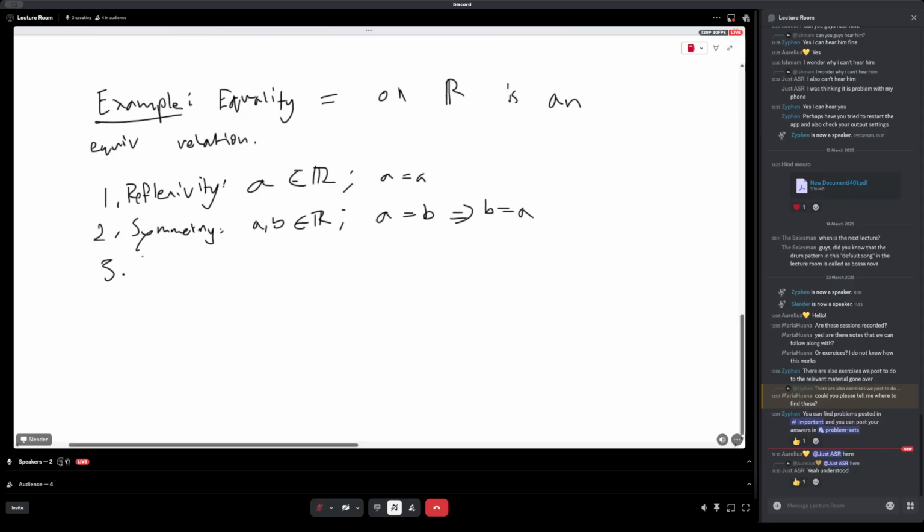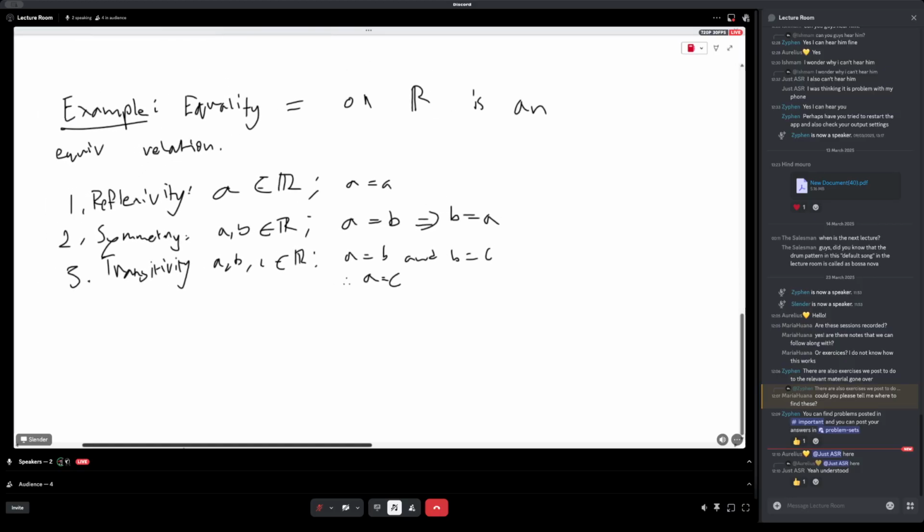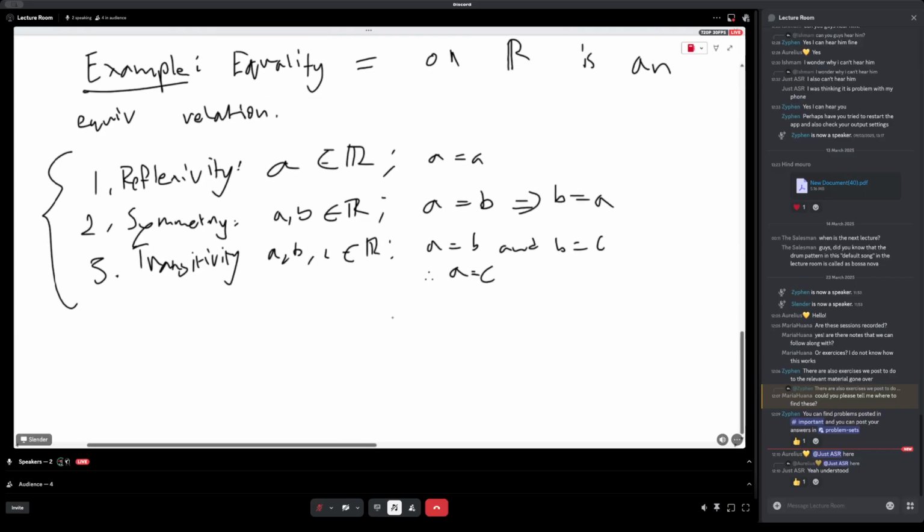And then we also have transitivity. Say you have A, B, C in the real numbers, with A equals B and B equals C. By substituting, you can see that A equals C. So it satisfies all three properties, so it's an equivalence relation.